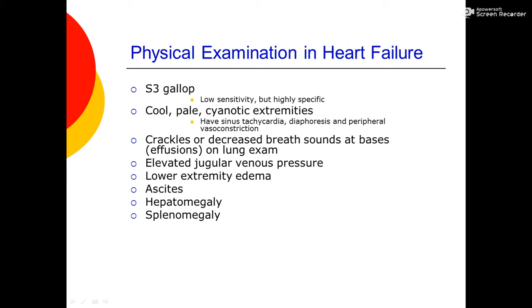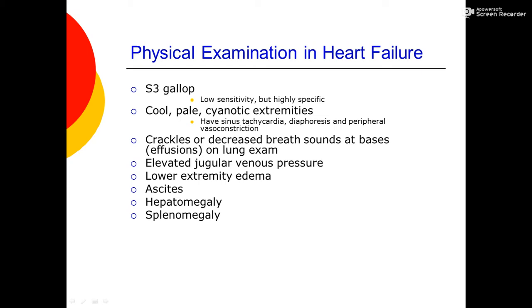There are different heart sounds, like lub dub, from contraction and relaxation of the heart. The first, second, and other sounds are heard during systole and diastole. Cool, pale, and cyanotic extremities, sinus tachycardia, diaphoresis, and peripheral vasoconstriction may be seen.